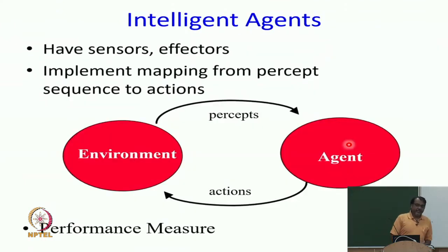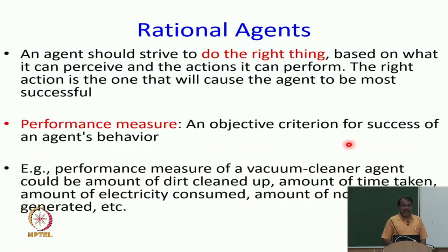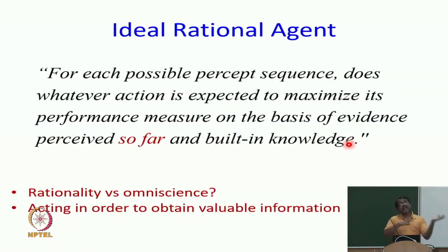An intelligent agent not only has sensors and actions, it also has a performance measure. It should strive to do the right thing, and a performance measure is the objective criterion for the success of the agent's behavior. And that led us to the definition of AI, where the agent wants to maximize or optimize its performance measure.